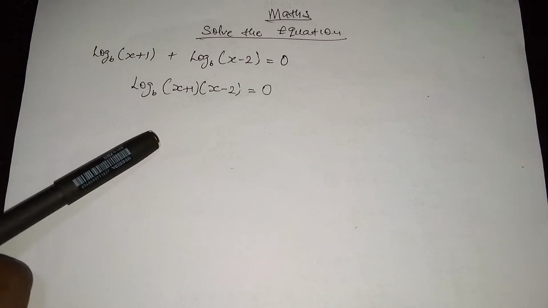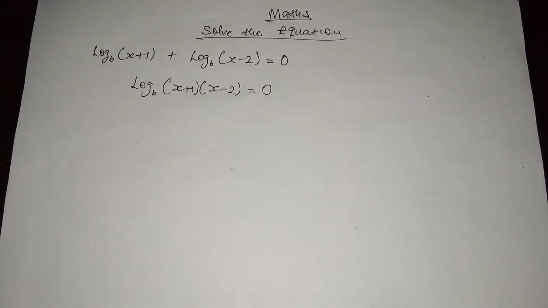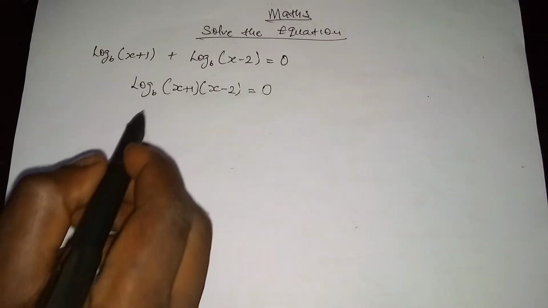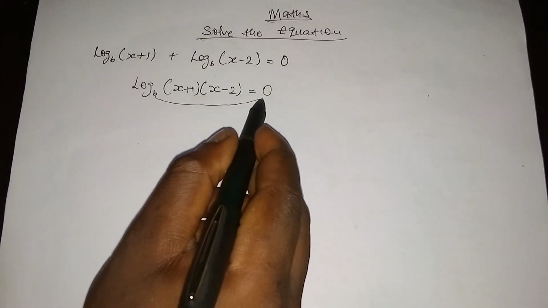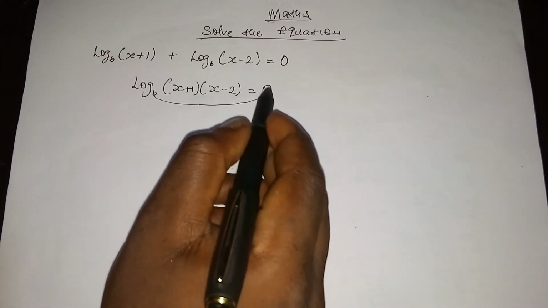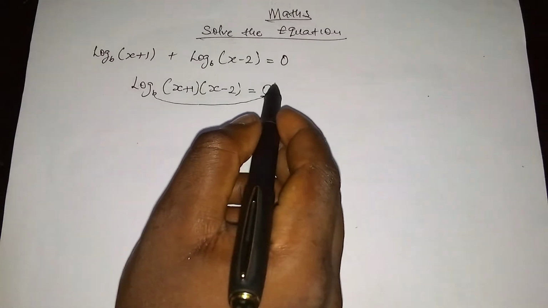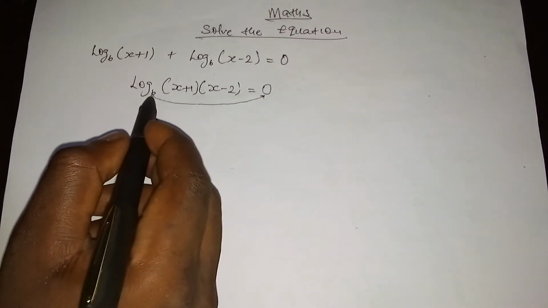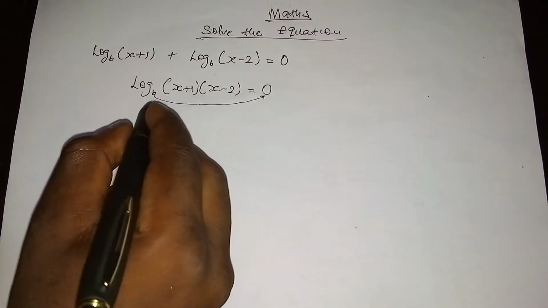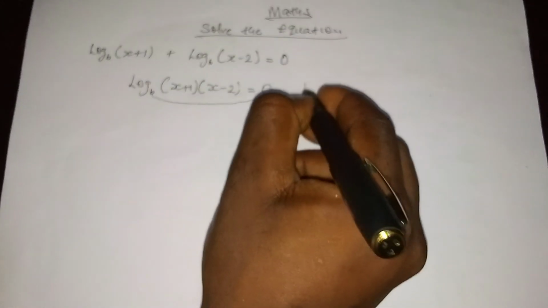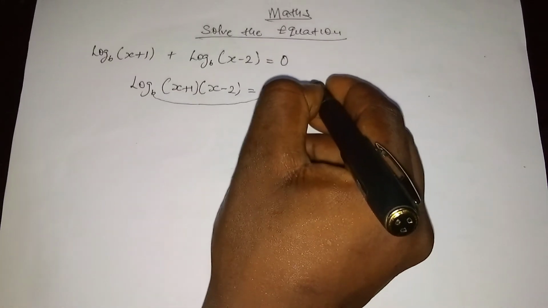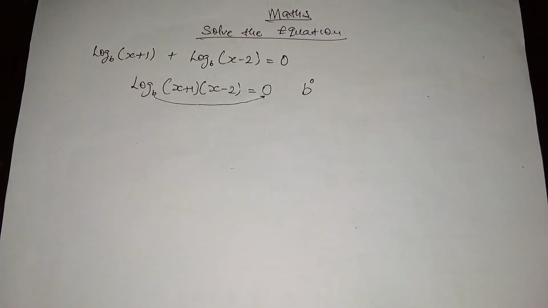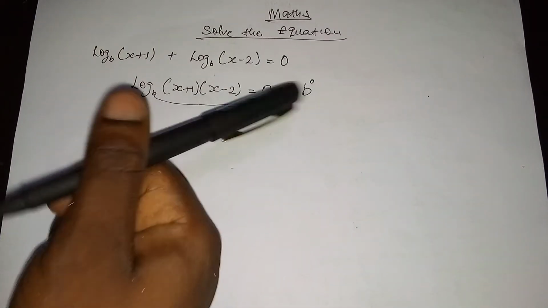Like I said in our previous class, there is a shortcut: moving the base, crossing the equal to sign, and pushing whatsoever you have here to become the index of the base. I have b as my base here. b will come to this side, and this 0 will become the power of b.